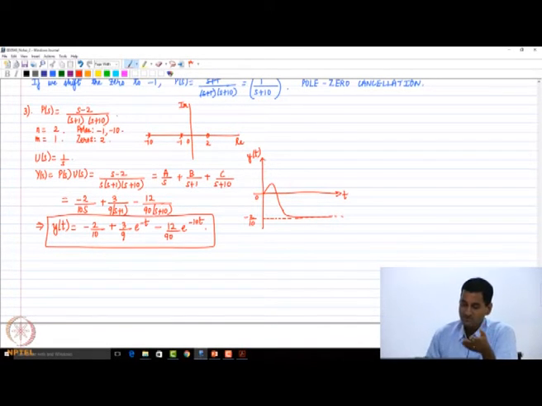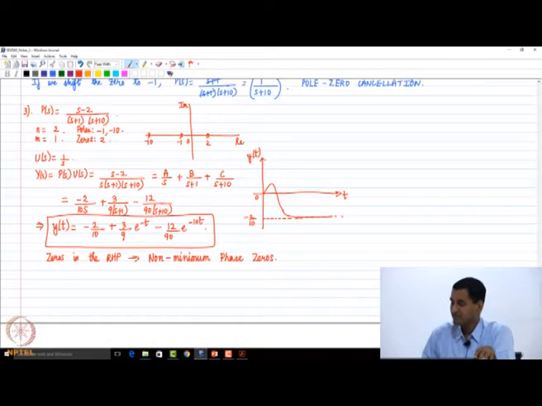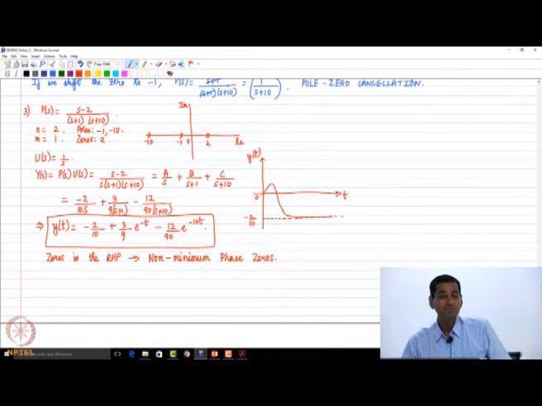Zeros in the right half plane are called non-minimum phase zeros. We will figure out why it's called non-minimum phase when we do frequency response. We will see what is the meaning of the adjective non-minimum phase.